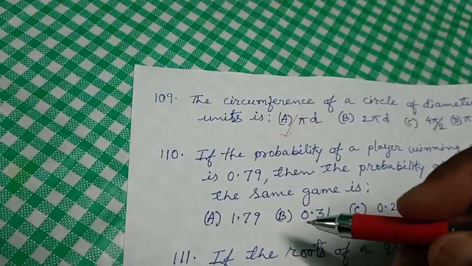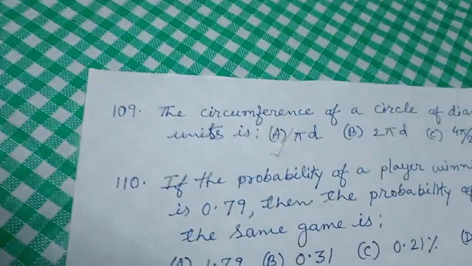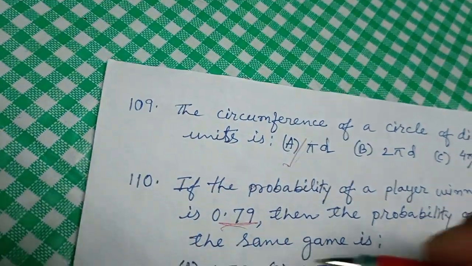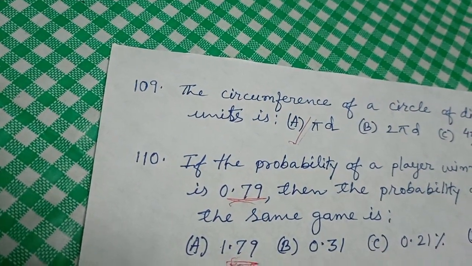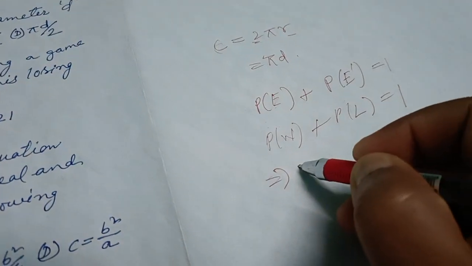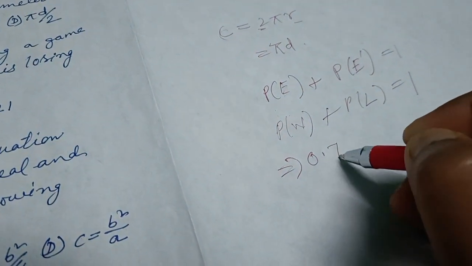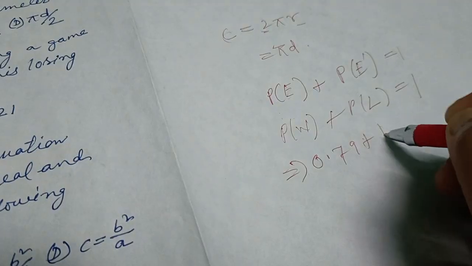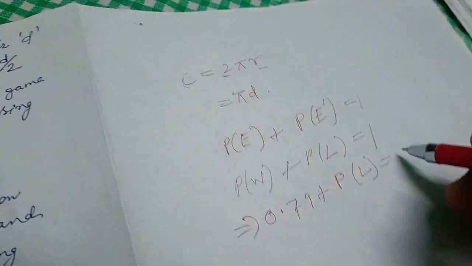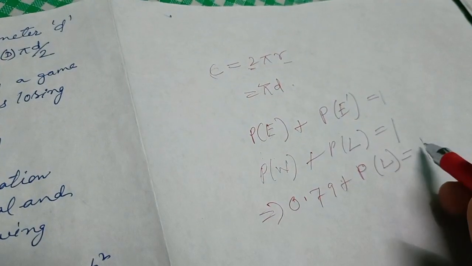Now the probability of winning a game is given in the question, 0.79. Clear? Now if you take this on the right hand side, 0.79 is given plus the probability of losing a game, which you will find out.